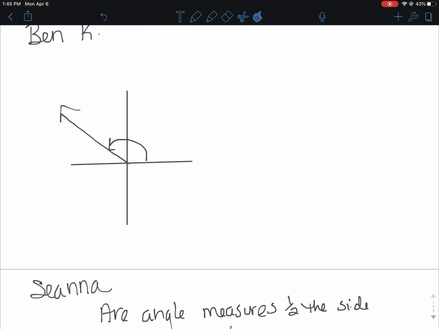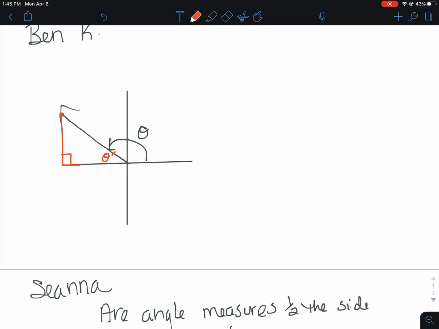Bennett asked if we were given an angle that's obtuse, how do we actually find the values? So let's say I'm given an angle such as this that lands in quadrant 2. What you want to do is just build a reference triangle from that. Take where the angle ends, and you're always connecting it down to the x-axis, all right?